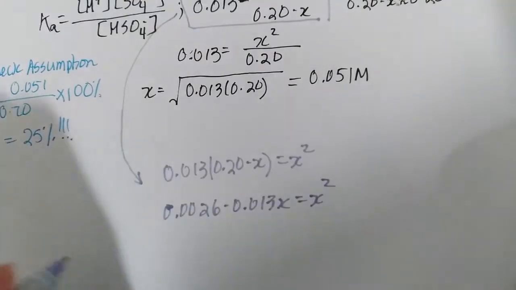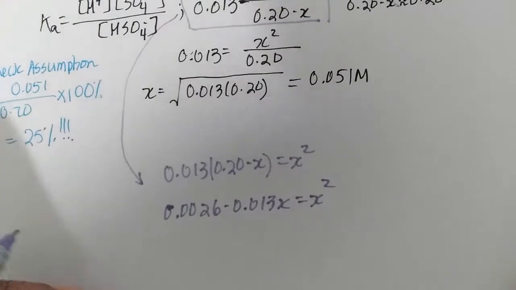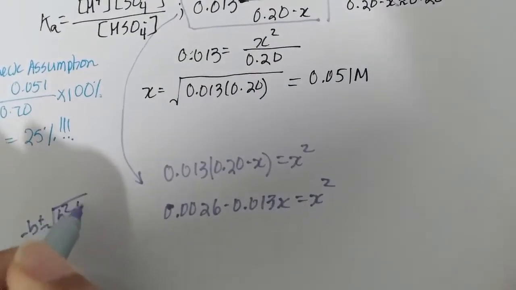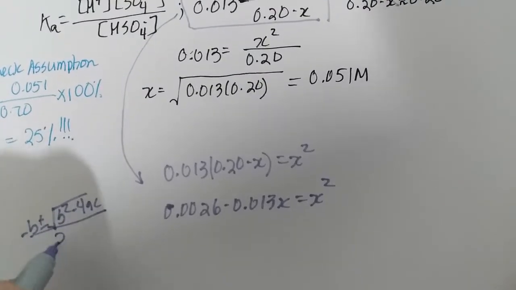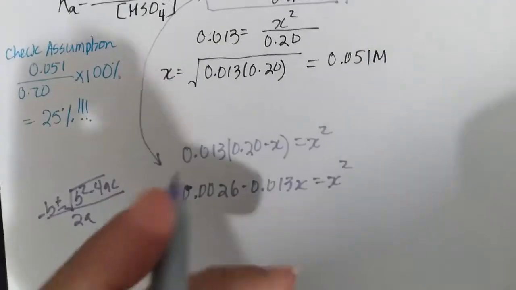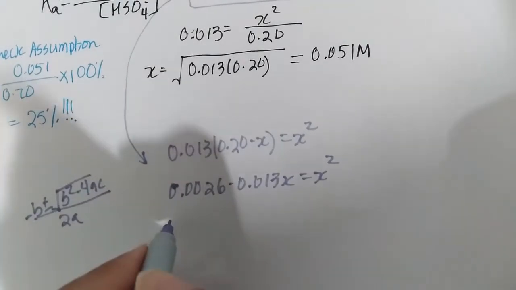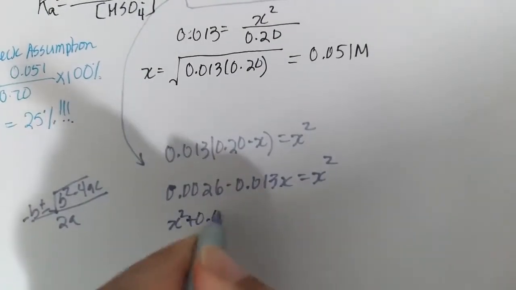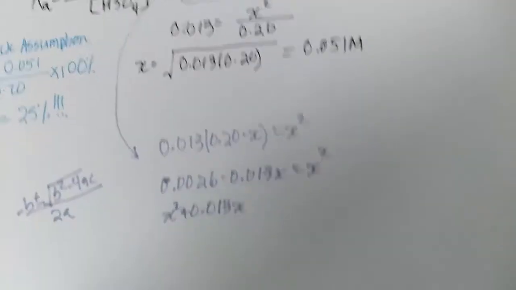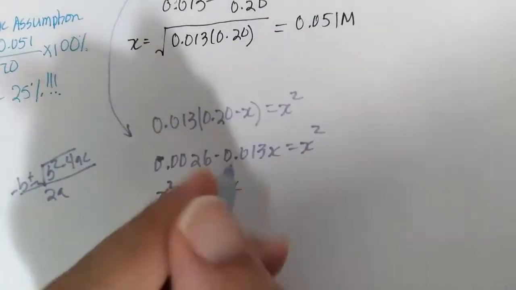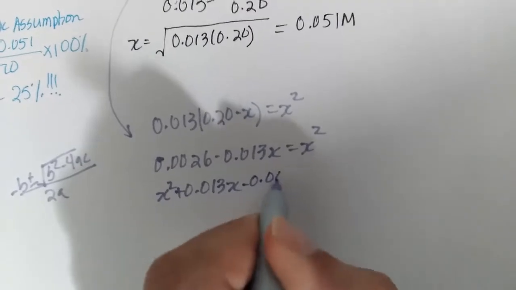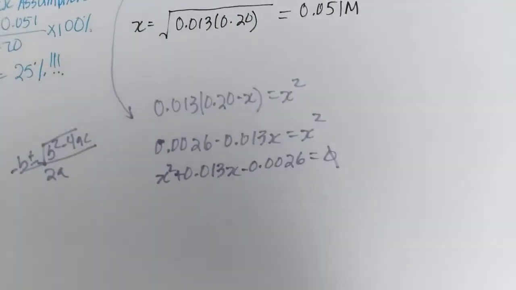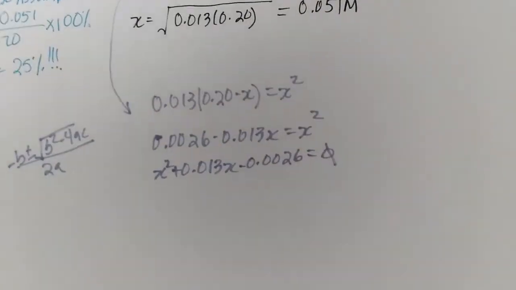The quadratic equation is minus b plus or minus the square root of b squared minus 4ac, all over 2a. So we need to get it into the right form. It's going to be x squared, moving it to the other side, plus 0.013x, and moving that side, minus 0.0026, all equal to 0. Now it's in the right form to plug into the quadratic equation.